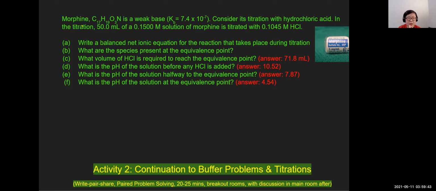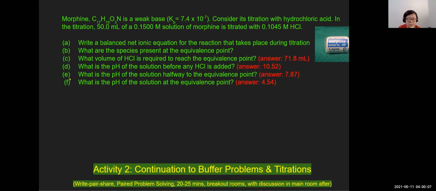That means the morphine number of moles is the exact same as the H plus. There was no H plus originally, so the H plus can be from hydrochloric acid. And so that's how you can do the M1V1, M2V2 stoichiometric relationship to get the volume.